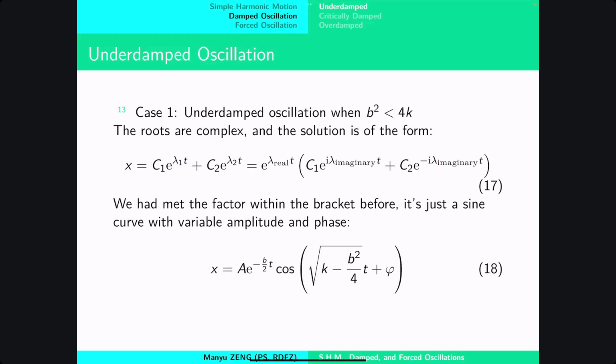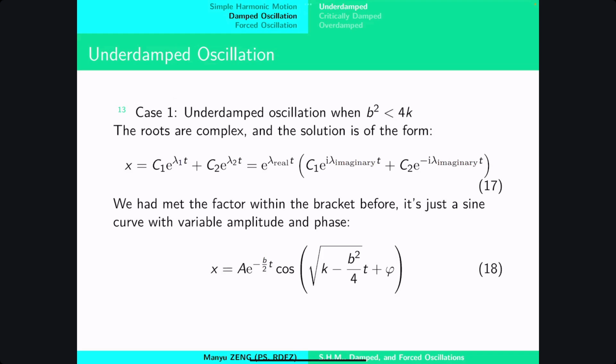Originally there is square root of k in front of t, right? Now it is just lambda imaginary. Lambda imaginary is square root of k minus b squared over 4. We will discuss the meaning of this later.